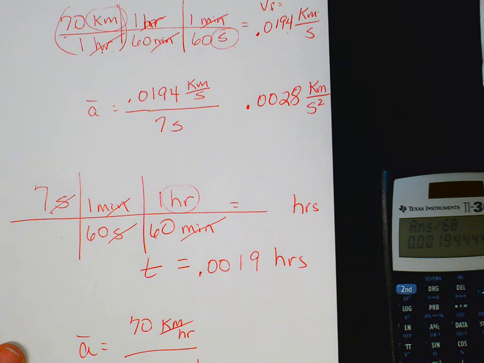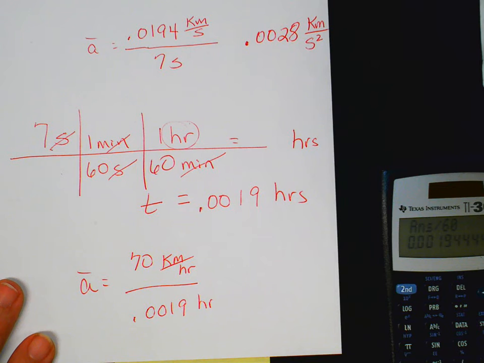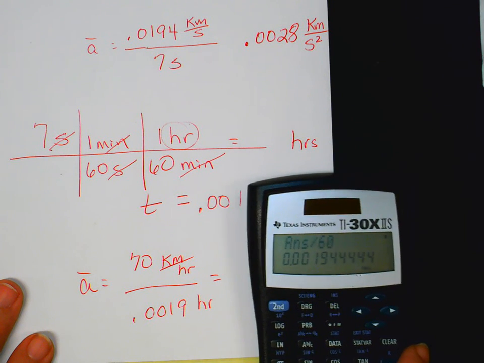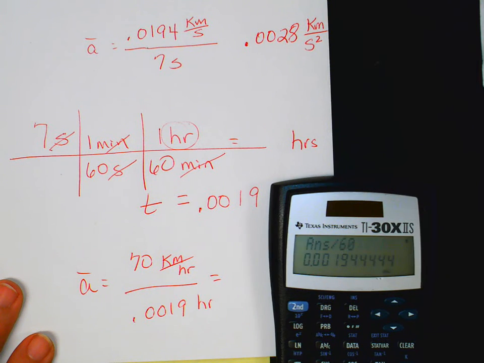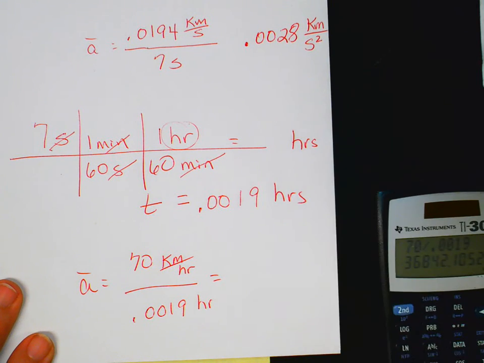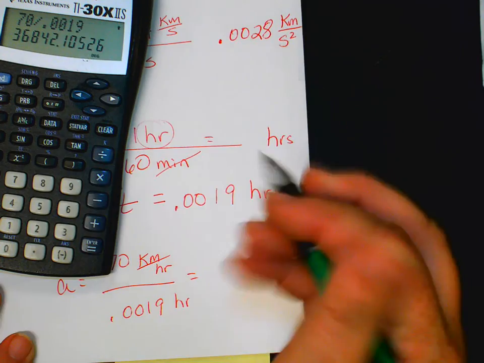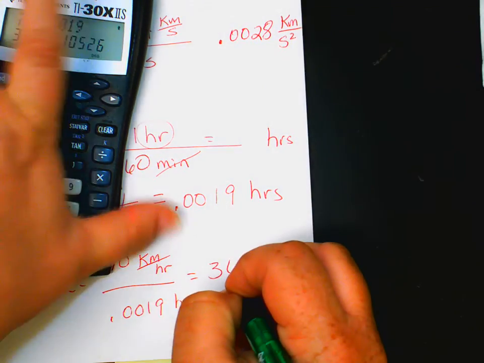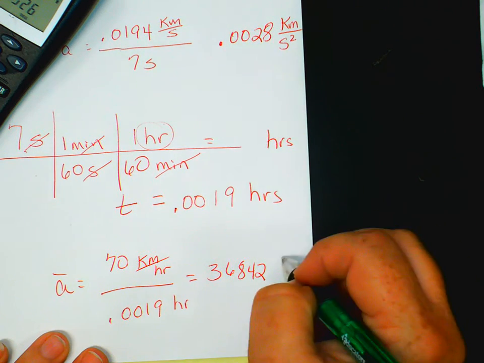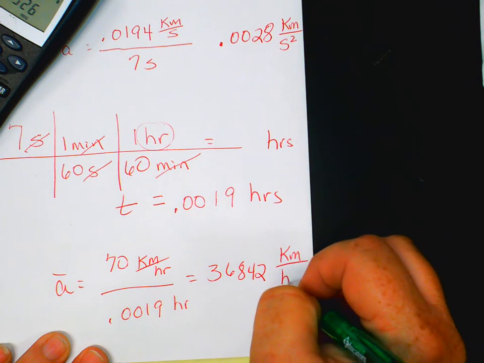This is why it is so important for you to put units. Okay, in this case, it would be 70 divided by 0.0019, and it would be a very large number. It's 36842 kilometers per hour.